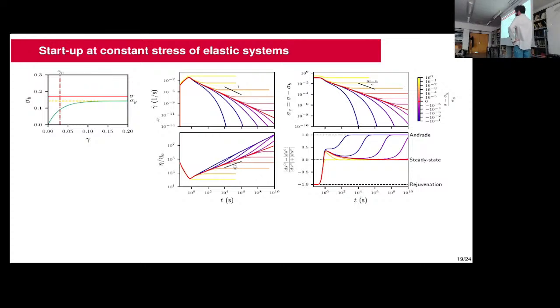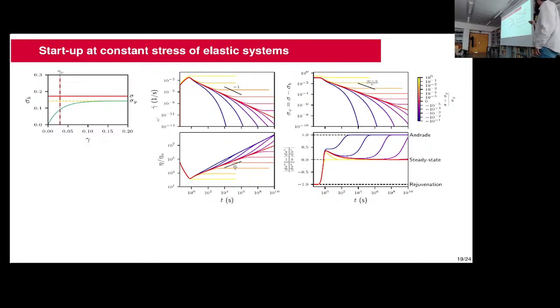And this is due to the fact that now we have a combined effect of viscosity and a change in viscous stress due to the shape of our stress barrier. So instead of the strain, now I'm plotting the viscous stress, the difference between the applied stress and the stress barrier. And we see that it also scales with a specific exponent. The scaling of the strain rate is a combination of these two exponents.